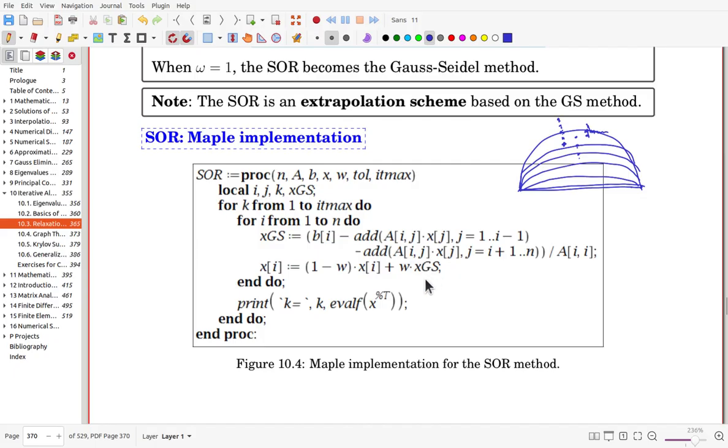Anyway, now a temporary value, the extrapolation, and saving at the same spot, so that later, when i is going forward, this value will be used to update. Okay, that is an implementation of the SOR method. Let's see how it is working.